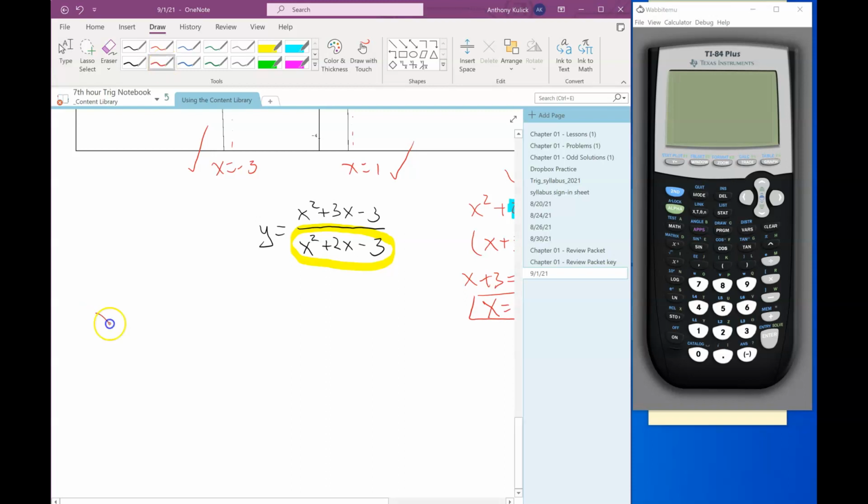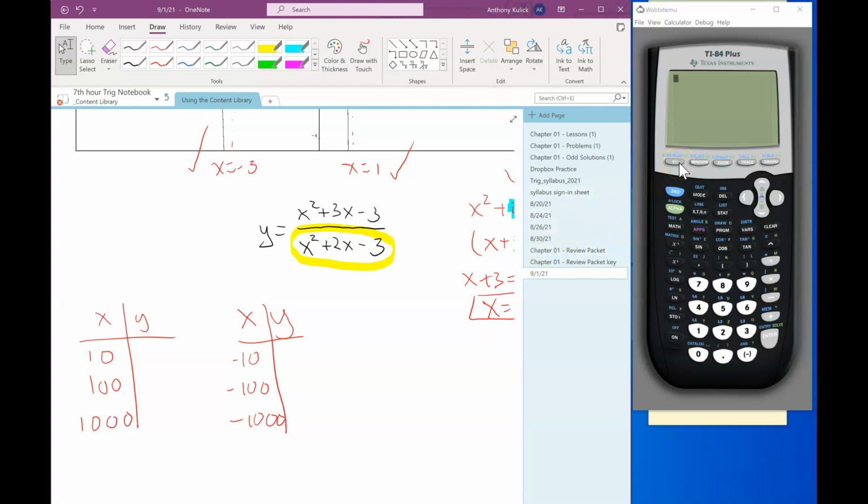So what I'm going to use are the values of 10, 100, and 1,000, and also -10, -100, -1,000. You can use those 3 values of x anytime we're doing this for horizontal asymptotes. You can use those same 3 values every time.